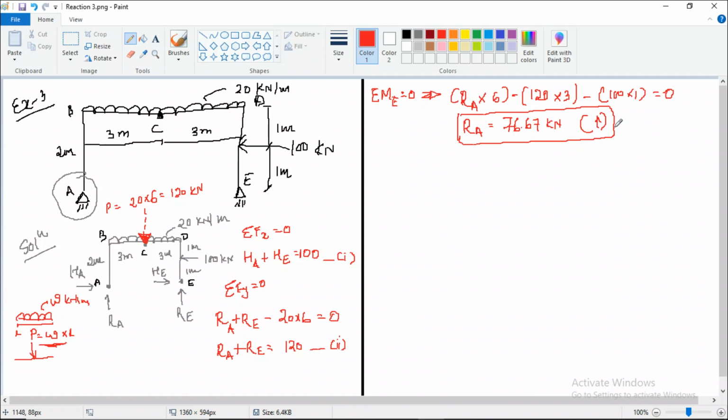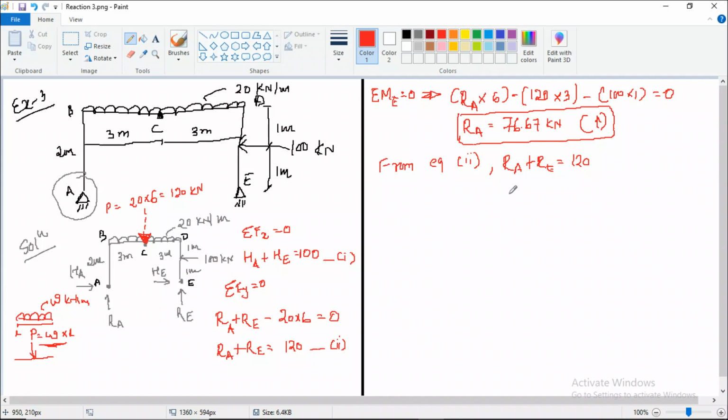Now let us take moment at hinge point C as well. Why we are doing this? Because we want to calculate the horizontal reactions as well. Now before that, substitute this value into equation number 2, that is Ra plus Re is equal to 120.